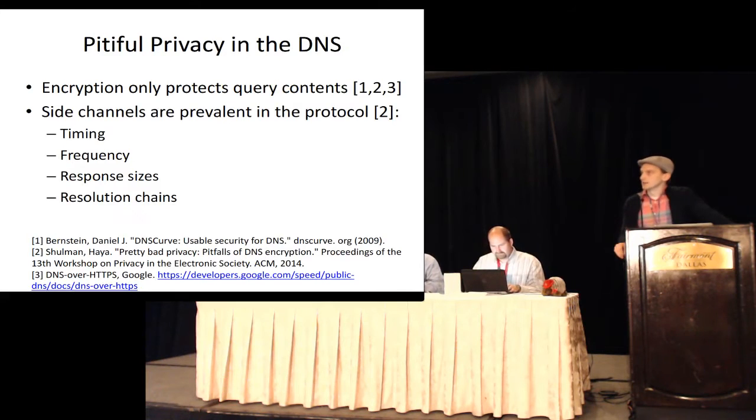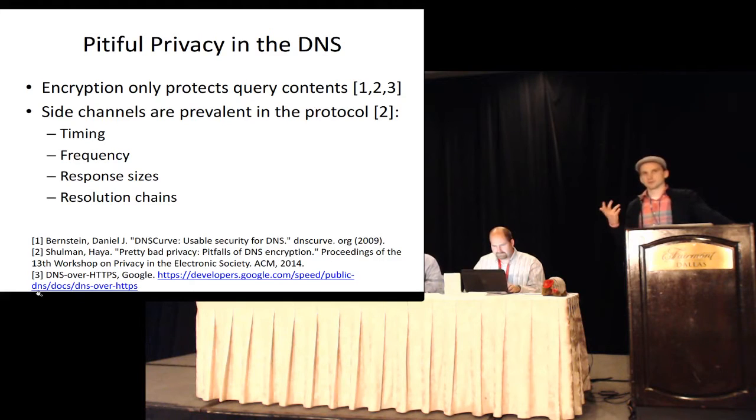So it's a pretty well-known fact that privacy is a difficult thing to achieve in the DNS. It first started out as a clear text protocol over UDP, where requests and responses were just sent, and anyone eavesdropping could just look at them. So encryption now is the default way that we try to protect these particular contents of the queries. There are a lot of different mechanisms to do this: the recent DNS over TLS spec or DNSCurve from Bernstein.